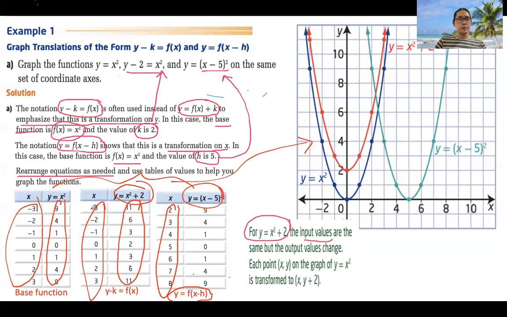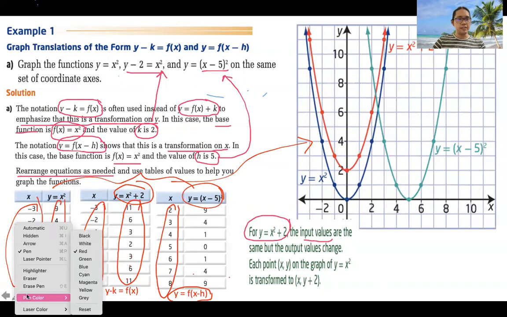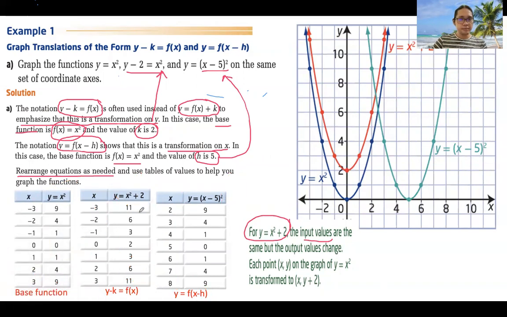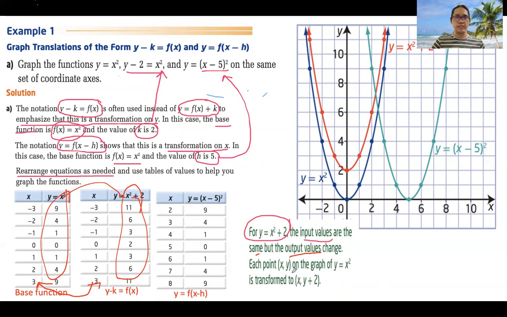So I hope we can follow. They are different now. So this is what we call the input values are the same. Look at their x values. And of course, the output values have changed. So each point x, y on the graph of y equals x squared can be transformed or represented by a mapping notation x, y plus 2.